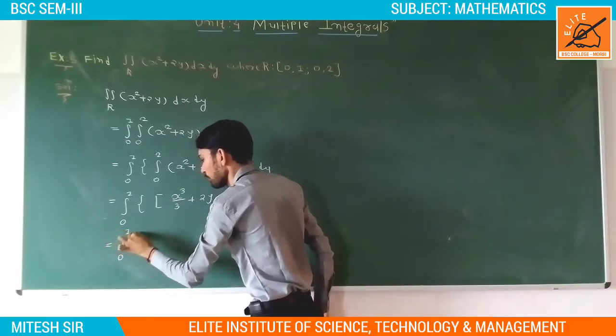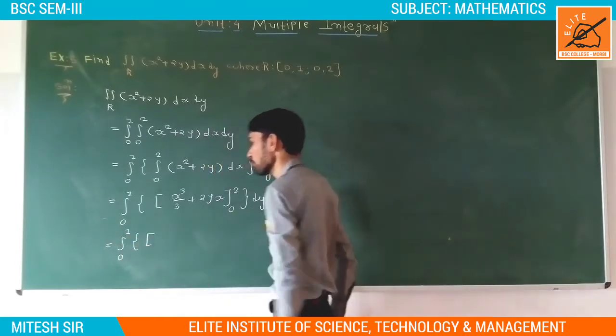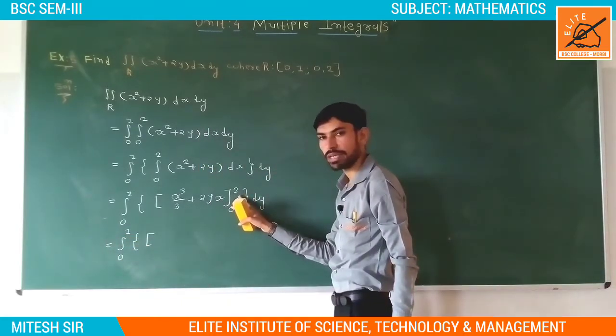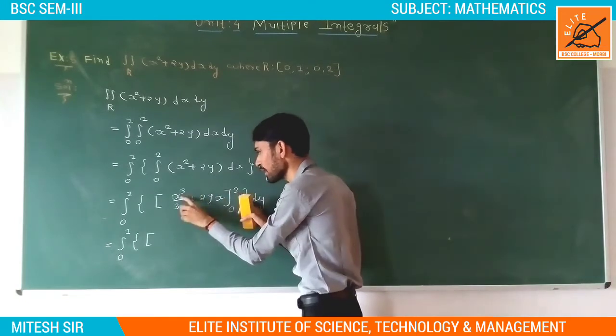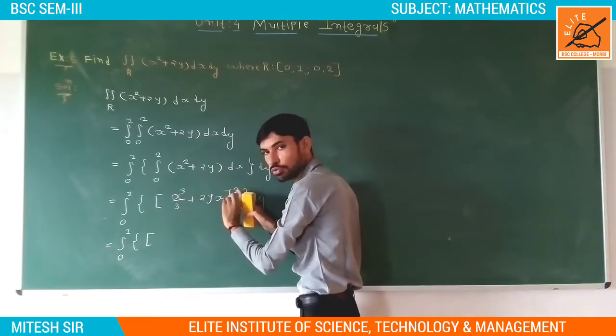Integration 0 to 1. So first of all here we apply the upper limit. Our upper limit is 2. So friends, we put 2 in place of x, so x cube means 2 cube is 8.